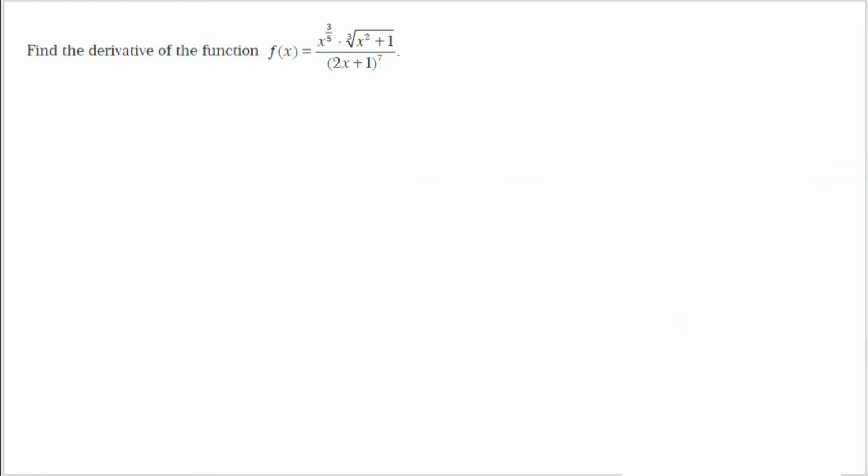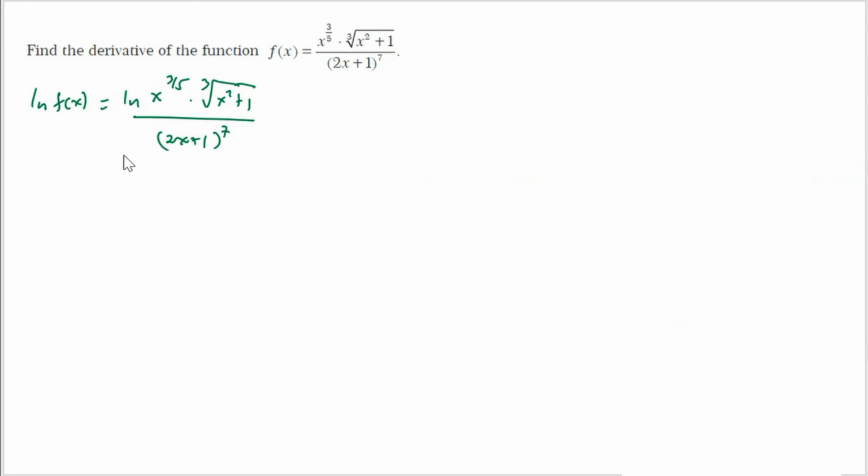So we have ln of f of x is equal to ln of the given, which is x to the power of 3/5 times the cube root of x squared plus 1 all over 2x plus 1 to the power of 7.